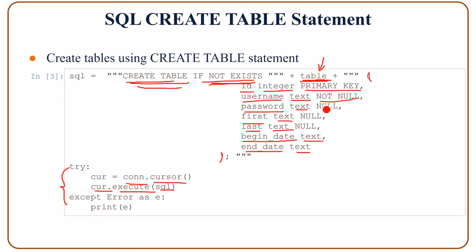And NOT NULL, right? If you try to insert null into the table, then it will raise an error. And if we have null, meaning you can insert null into the table without issues.